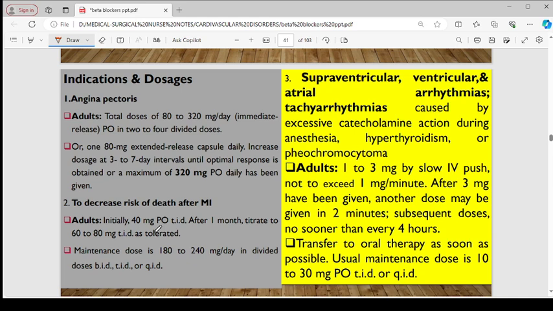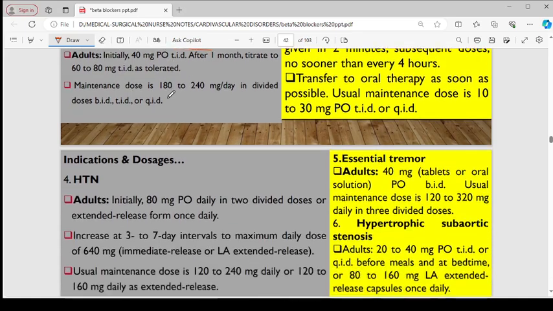So these drugs are used primarily in treatment of hypertension, right? Hypertension and certain kinds of cardiac arrhythmias, such as ventricular arrhythmias and supraventricular arrhythmias. It can also be used to decrease the risk of myocardial infarction, right? Myocardial infarction, and also angina pectoris. Angina pectoris.